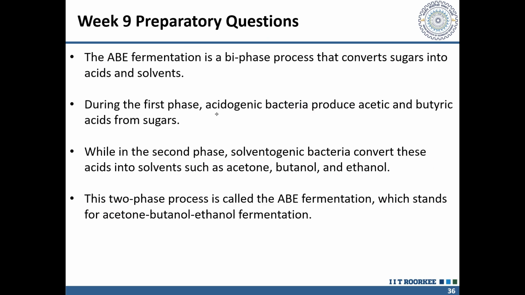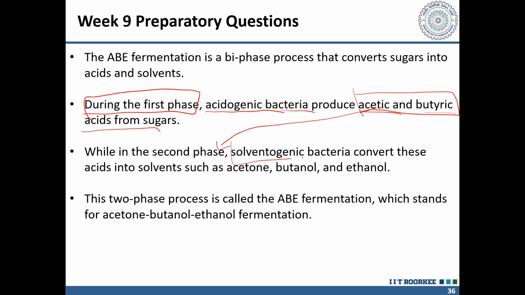In the first phase, the acidogenic bacteria produce acetic and butyric acids from sugar, and then these acids go into the second phase, where the solventogenic bacteria convert these acids into the desired solvents such as acetone, butanol, and ethanol. So this is a two-phase process, and the term ABE has come from acetone, butanol, and ethanol.